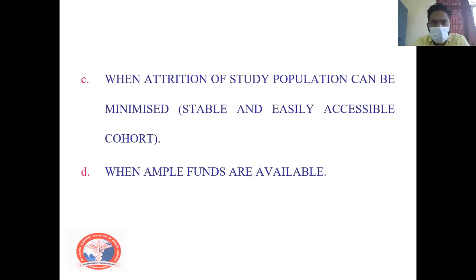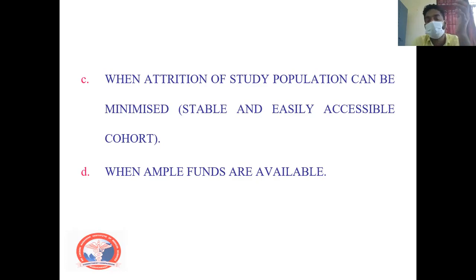Third point, when attrition of the study population can be minimized. Attrition is a big issue in cohort study as well as in RCT. During follow-up, if you are lost to follow-up, there is a problem in your result validity and generalizability of your result.